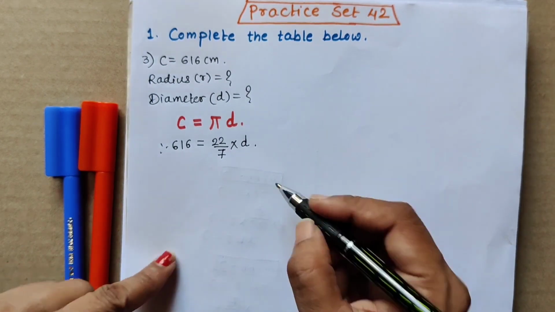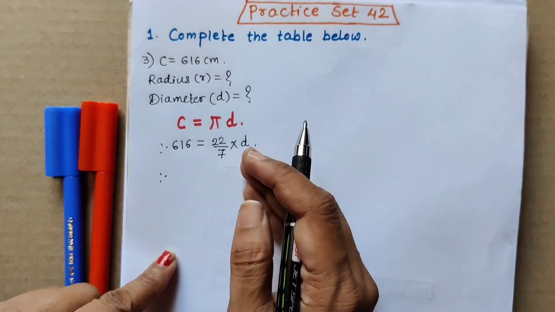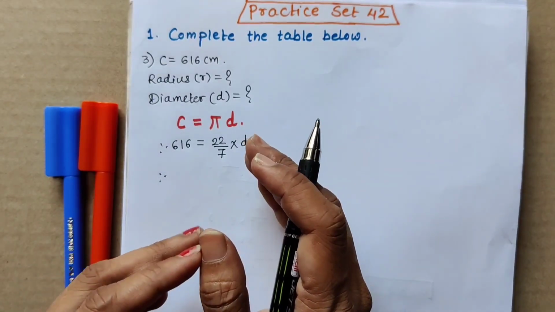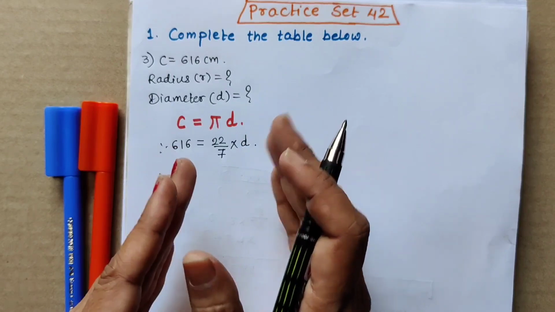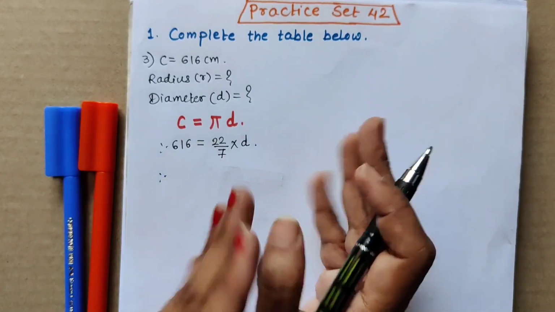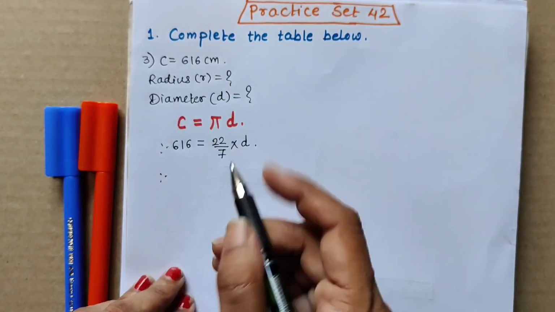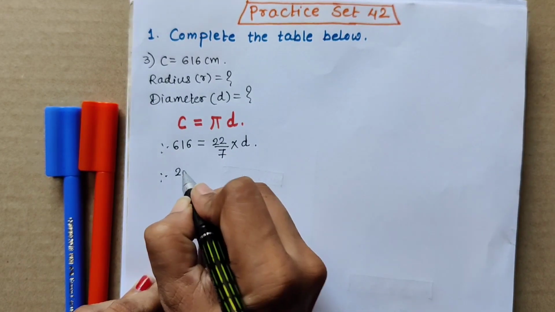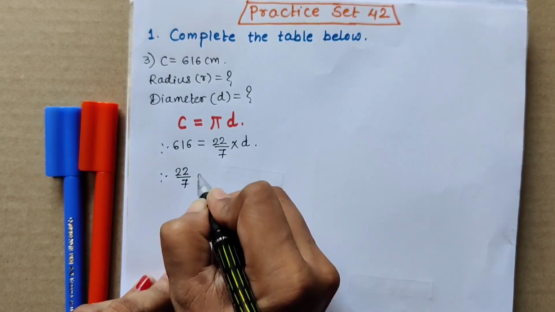Now what I am going to do is exchange the terms from the right hand side to the left side and the left side to the right side. We don't require changing the operation because I am exchanging all the terms.